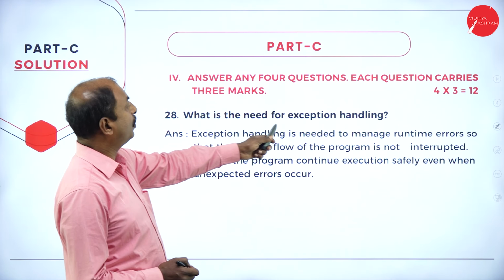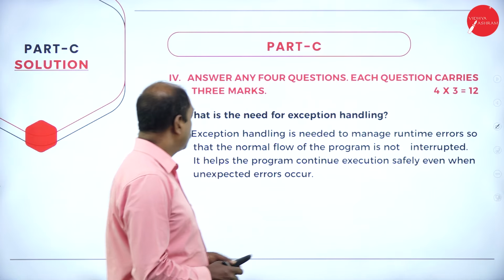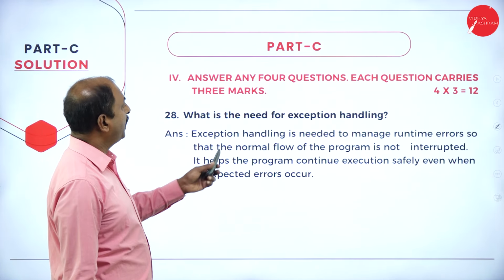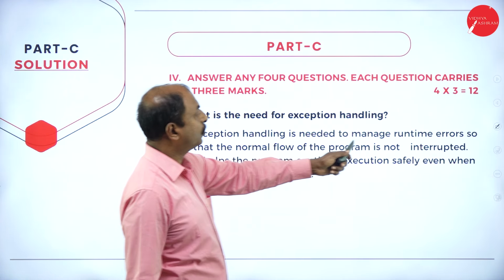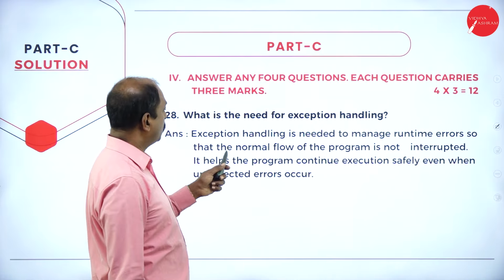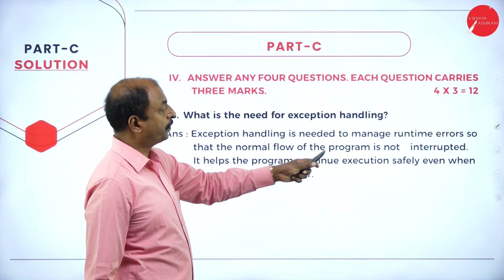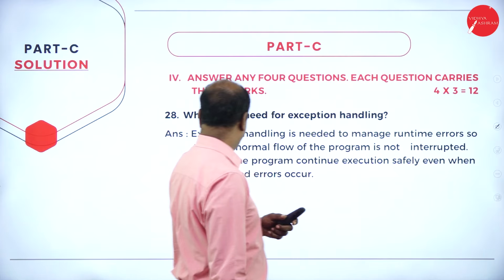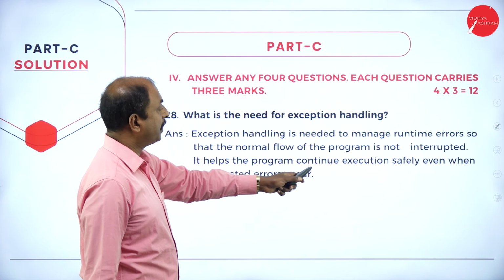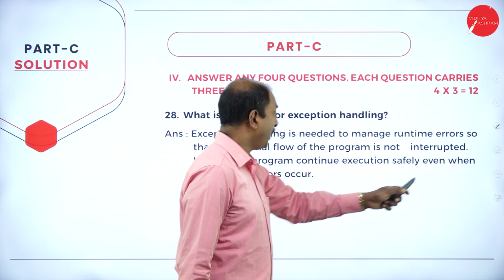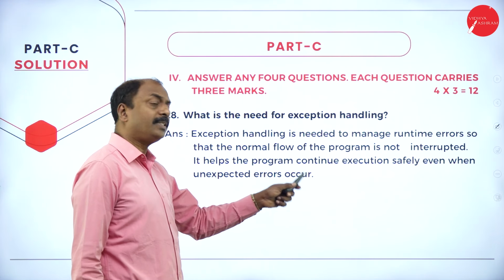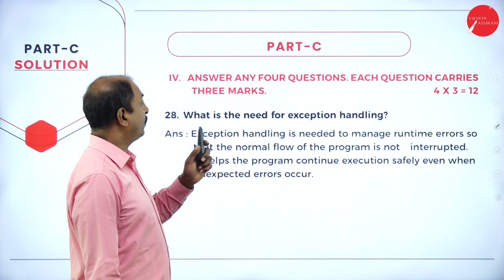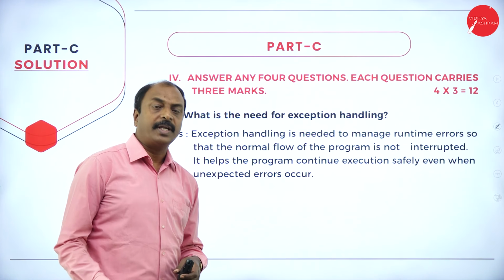Here, what is the need of exception handling? The definition is: exception handling is needed to manage runtime errors so that the normal flow of the program is not interrupted. It helps the program continue execution safely even when unexpected errors occur. So what are exceptions?